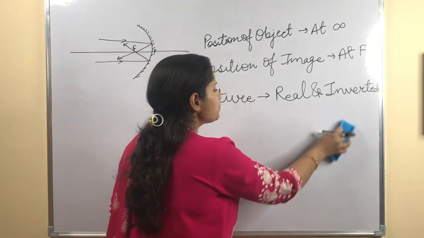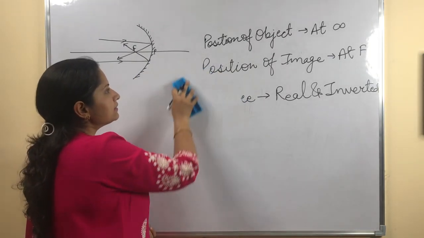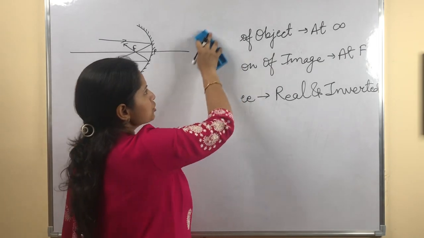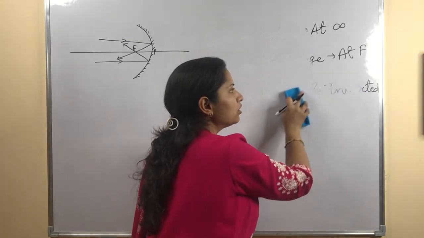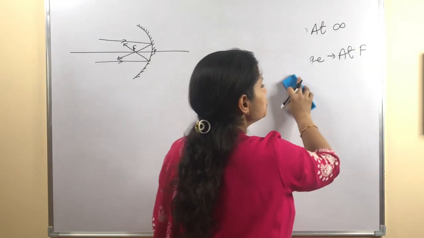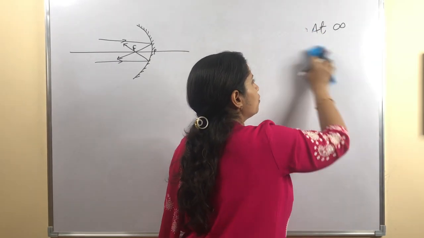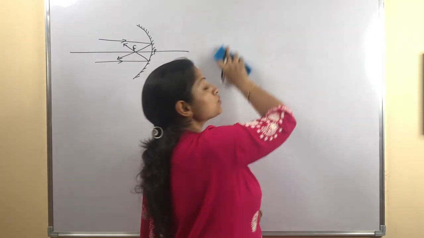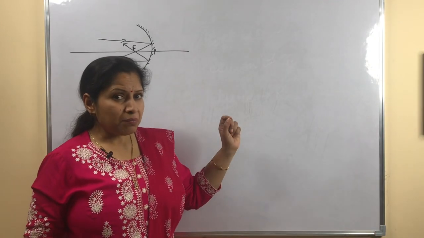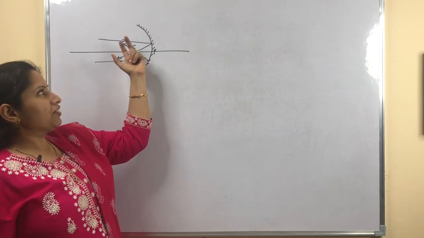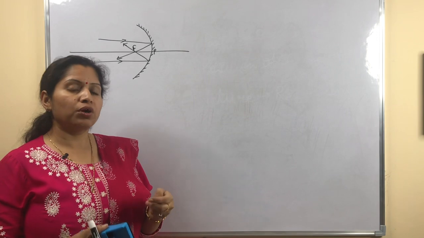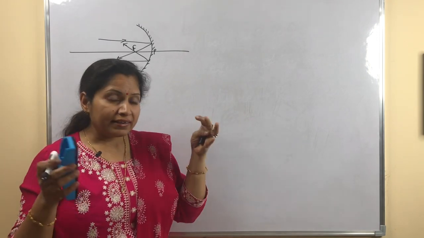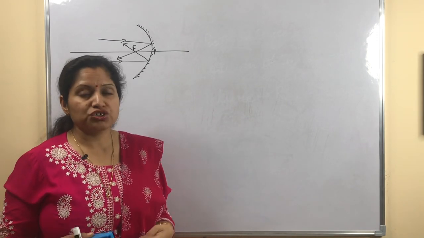Can you think of such an example? This position of the object and the image are used in a solar furnace. Concave mirrors are used for making the solar furnaces. So what happens in a solar furnace? The light rays from the sun come and they coincide at one particular point, and that is where we keep the object to be heated.